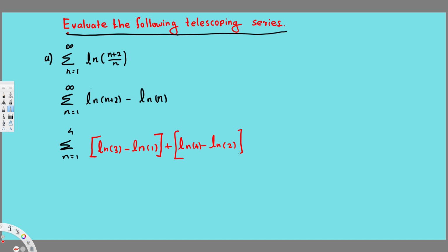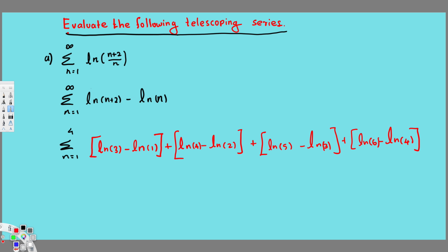If I put 3, this is ln 5 minus ln 3. And if I plug in 4, this is ln 6 minus ln 4. Now it's giving a pattern.